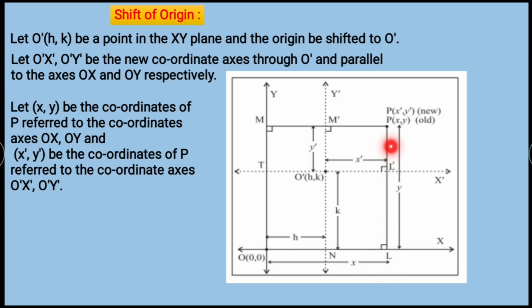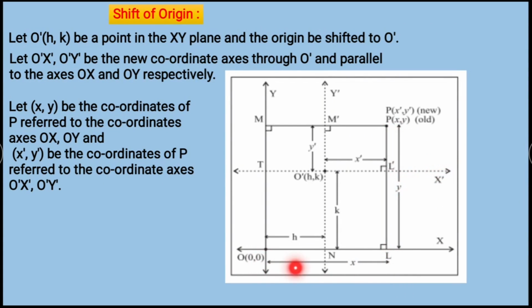So see here, this point P of (x, y) is at a distance small x from this origin, and at a distance small y from this origin. So this is a distance on the y axis and this is a distance on the x axis. Now see here, this OL is the distance of point P on the x axis, which is small x, and this OM is the distance of this point P from the x axis, which is small y.